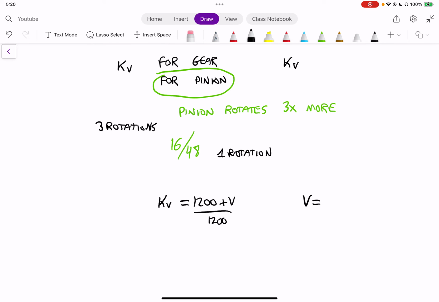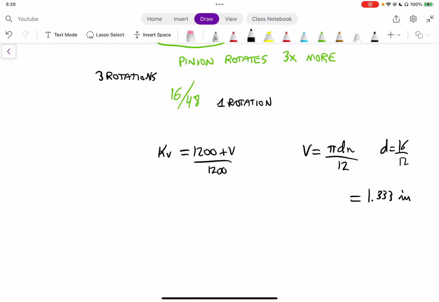We know that V, because we're using US units, is pi d n over 12, and D is equal to 16 over 12 based on our information, which is equal to 1.333 inches. Let me redraw this really quickly so that it's clear: 1.333 inches, and then 1.333 feet per minute.